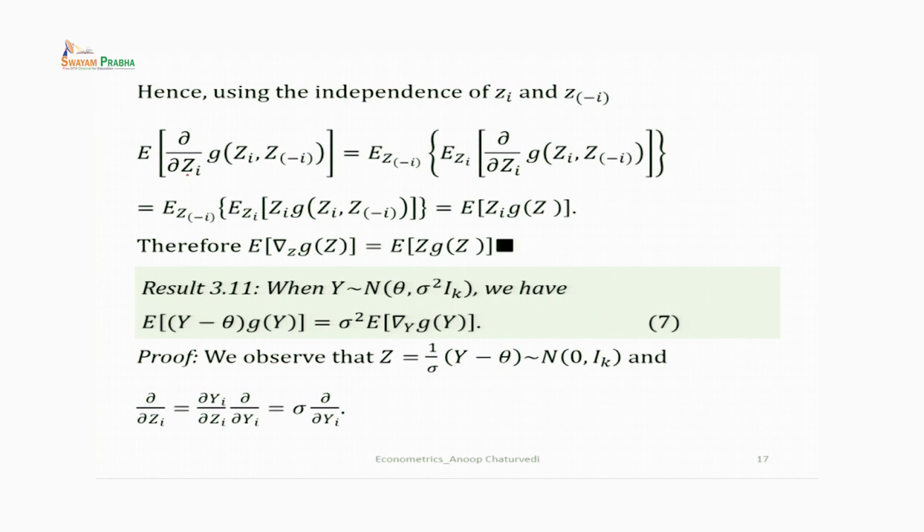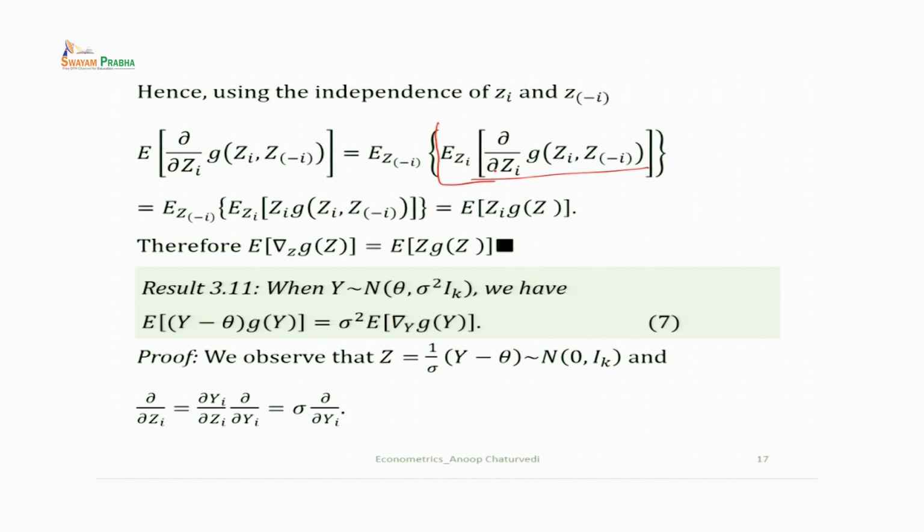So, you get expectation of del over del z i g(z i, z minus i) equal to, first we take expectation with respect to z i and then we take the expectation with respect to the remaining components of z, that is z minus i, and then inside you have del over del z i g(z i, z minus i). Here we apply Stein's univariate lemma.